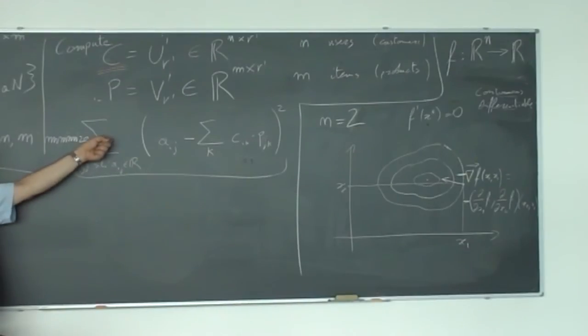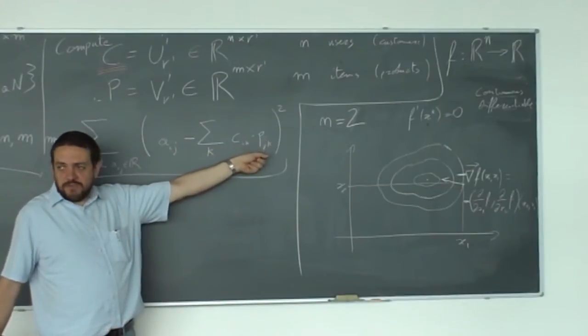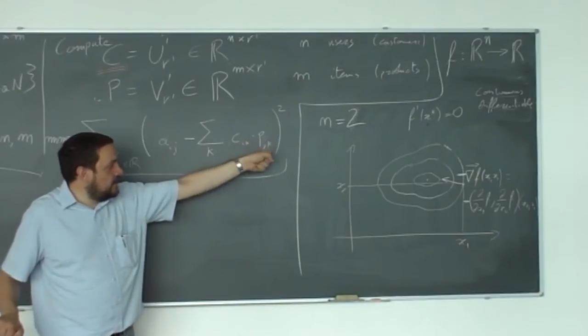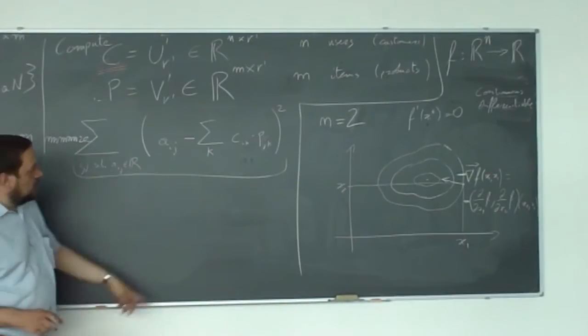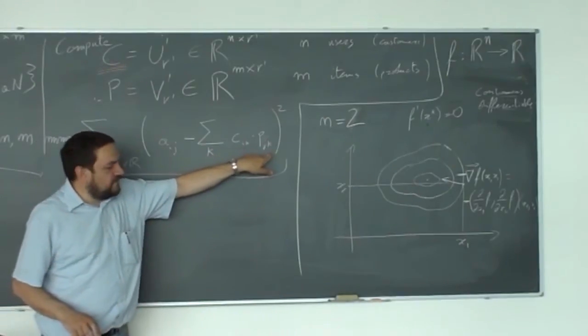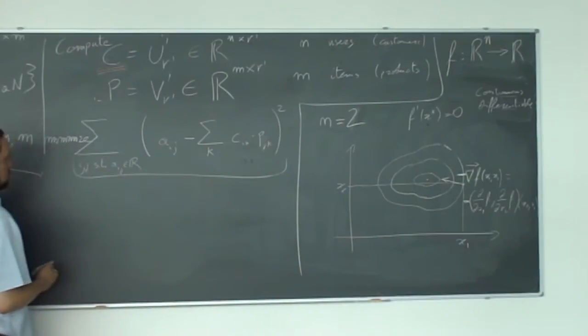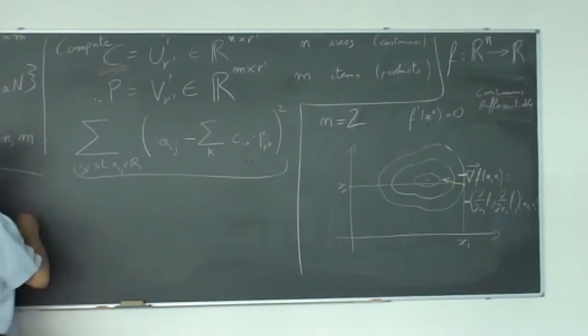So to minimize this, I only need to compute all partial derivatives with respect to the variables that I can change, that in this case are Cik and Pjk. And this gives me the direction that I need to use to modify the values of these variables. So, I just need to take these derivatives.